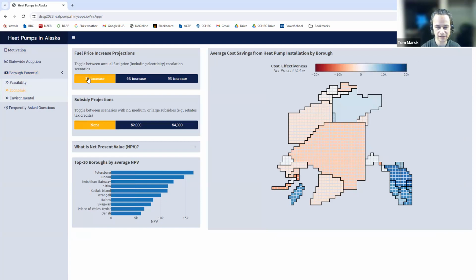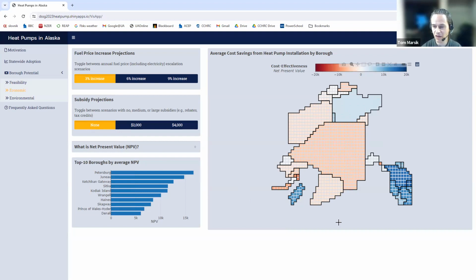It does not have the current scenario, but I'm just going with the 3%, which is the closest to the current scenario. And also you can here model different subsidies. I'm going to go with no subsidy here as a default value.